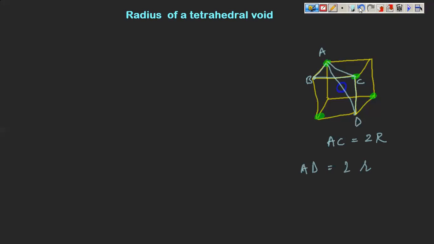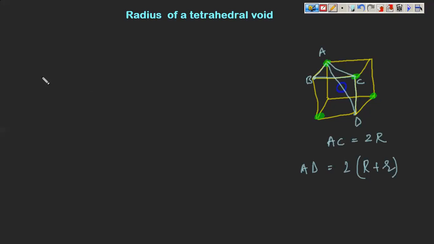Small r is the radius of the tetrahedral void, and capital R is the radius of a sphere. AD includes the sphere as well as the void. So AD is equal to 2 capital R plus small r.